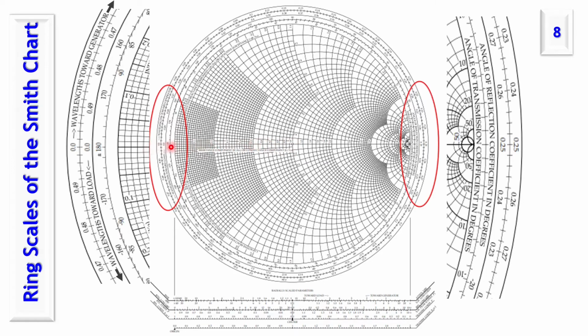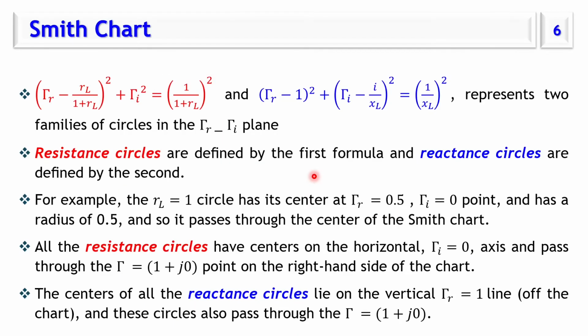The further you go, the smaller the value, and the largest circle is the circle for real part of the load impedance equal 0. So 0.2, 0.3, 0.4, so on and so forth, 1, and then you go 1.2, 1.4, and so on. These are the different locations for constant real part of resistance.